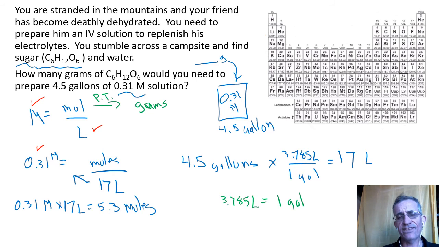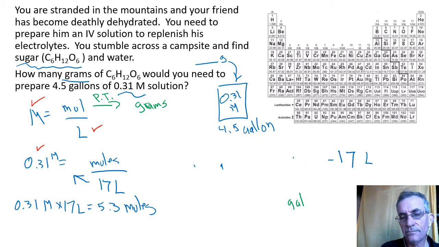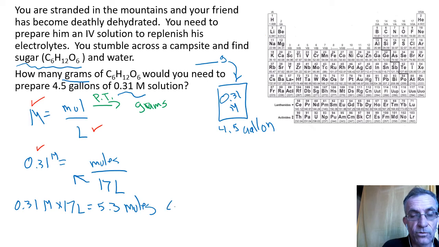So you're going to get 5.3 moles of sugar and stick it in all that water. Now, again, that's fantastic, but you can't tell me 5 moles. You're not going to have a mole scale. You're going to want to know how many grams that is. How many grams of sugar are you going to get? So we got one more thing to do. This is how many moles of sugar.